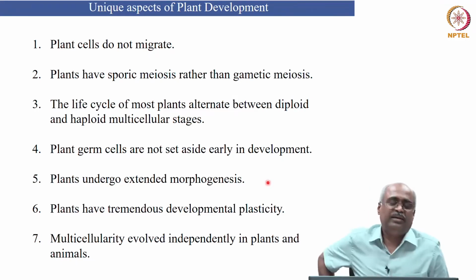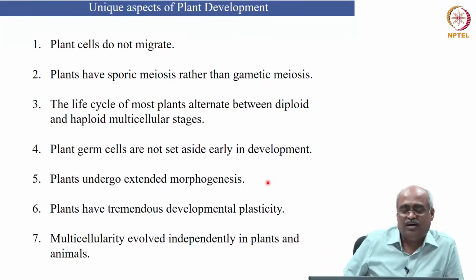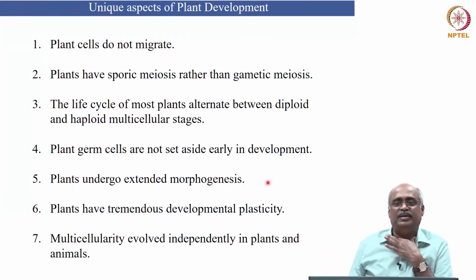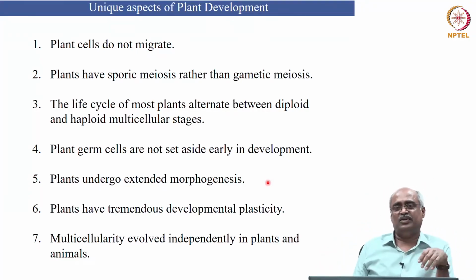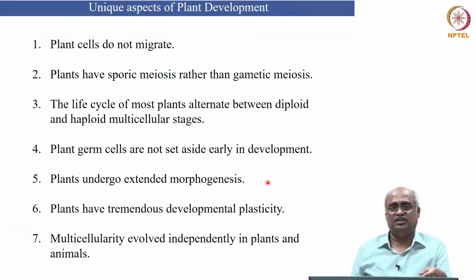And the second unique thing about plants is, in animals you have germ cells that undergo meiosis and they form haploid gametes. Okay, so directly meiosis, like reduction division, the end product is a gamete. But plants do not do that. At the end of meiosis, they form a set of haploid cells.